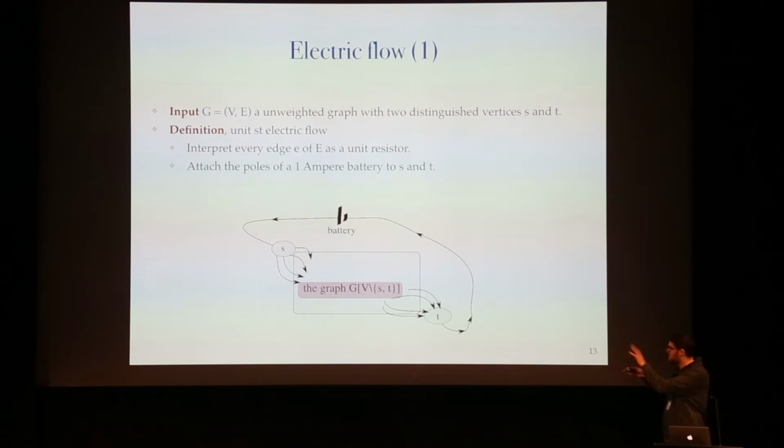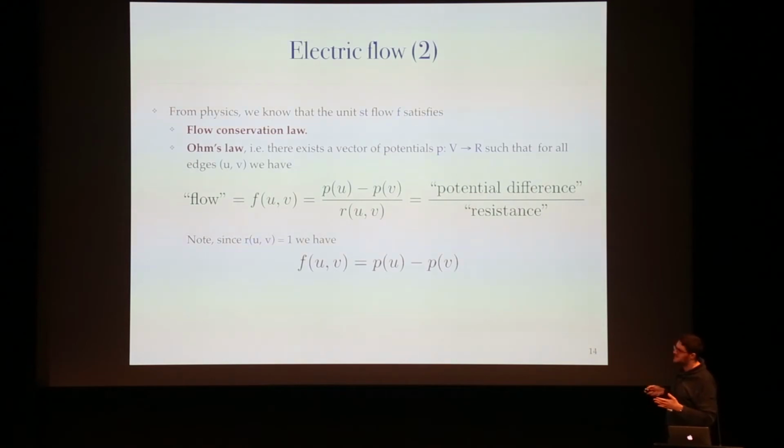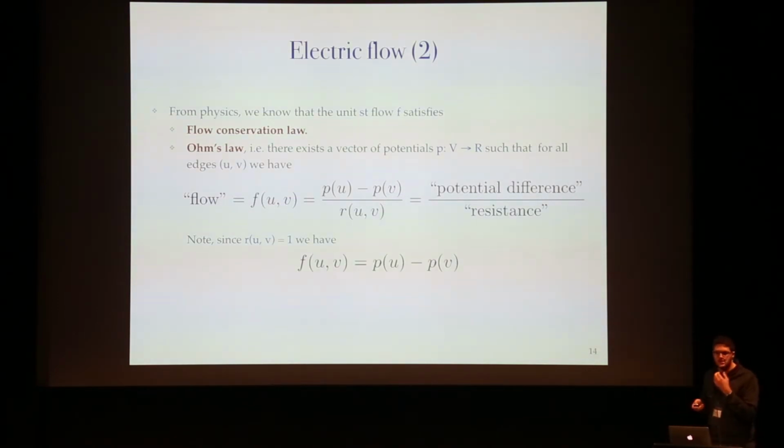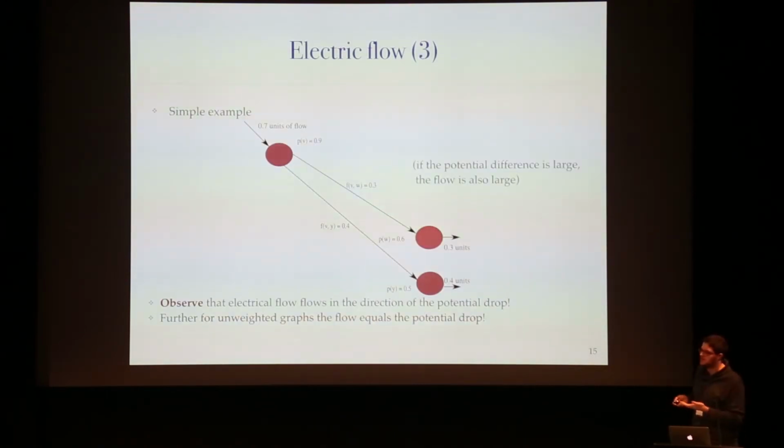Physics tells me that I'm going to get some sort of electricity there, and that will be the object that I'm studying. So I know that this is going to be a flow in the combinatorial sense, in that it's going to satisfy flow conservation. And it's going to satisfy this additional property called Ohm's law, in that it's going to be a potential flow. So the flow for me is just going to equal the potential difference between the endpoints of the edge.